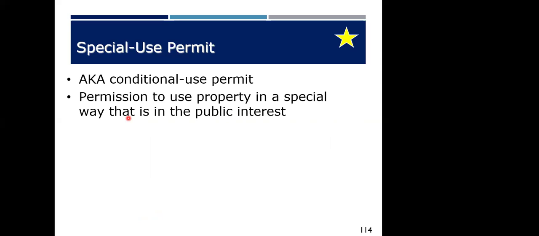You might have a hospital, a library or a school. It's something that could benefit the public, the residents of that area. So again, we just got to get permission from the zoning board, special use permit.